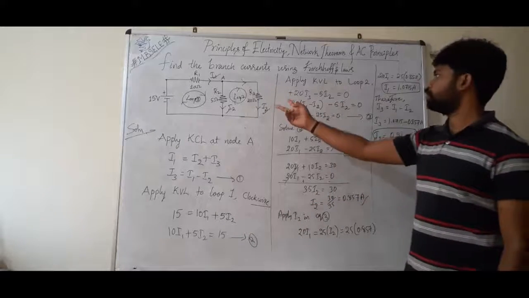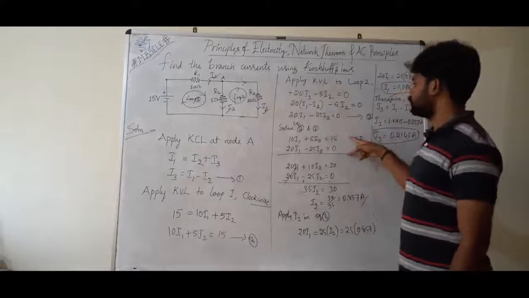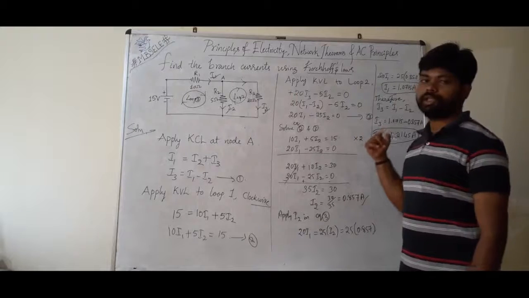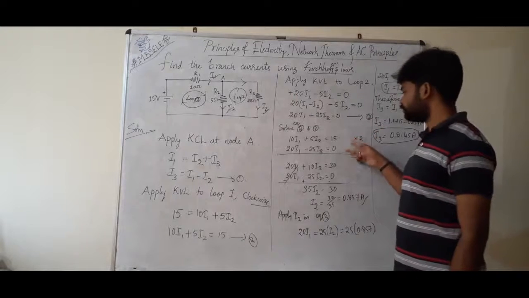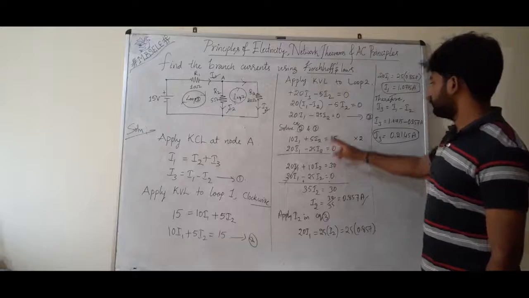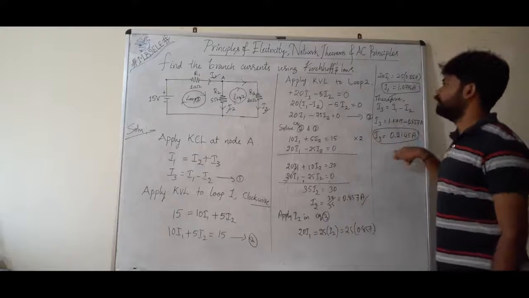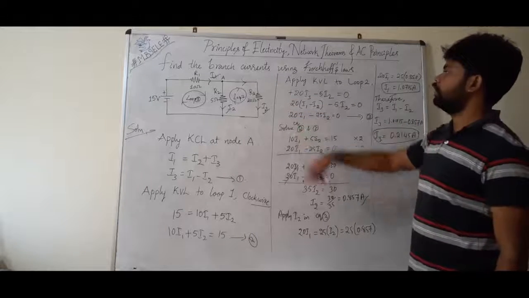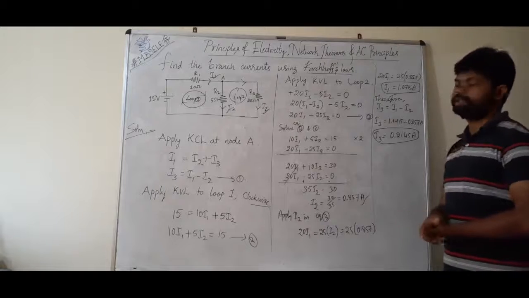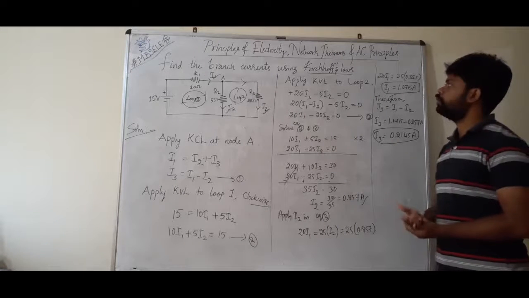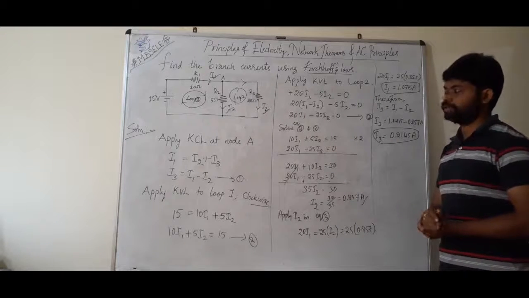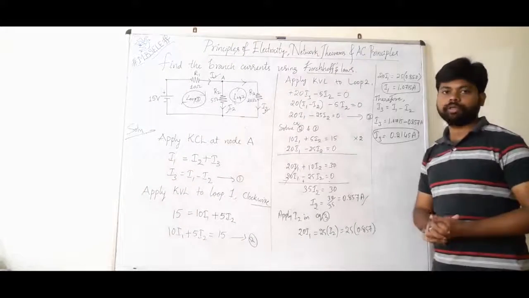In a two loop circuit we get two equations, which we solve simultaneously to get the unknown terms. This way you can calculate all the unknown currents in the branches. So this is how we apply Kirchhoff laws to analyze a complex circuit.